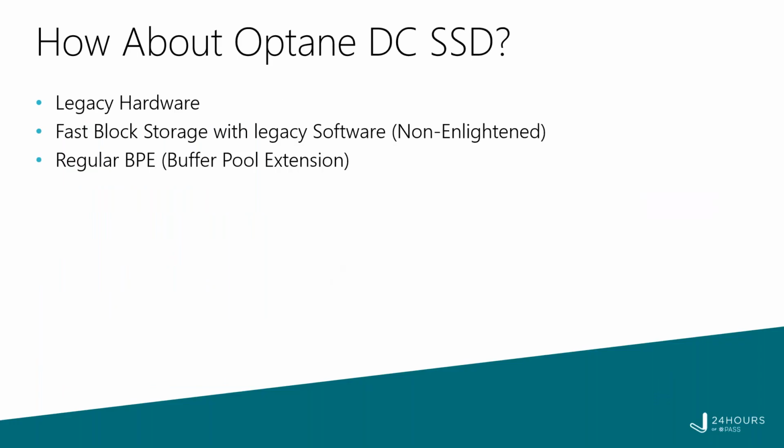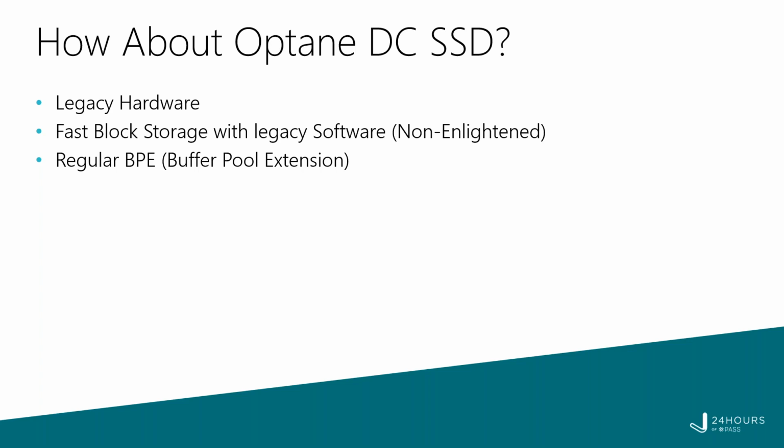So I talked a lot about Optane persistent memory, and how about the SSD? Well, the SSD was the first Optane media, or 3D XPoint media, device that Intel launched, and it is readily available and can be plugged into any type of hardware. So there are no requirements for the newest CPU or the newest hardware.